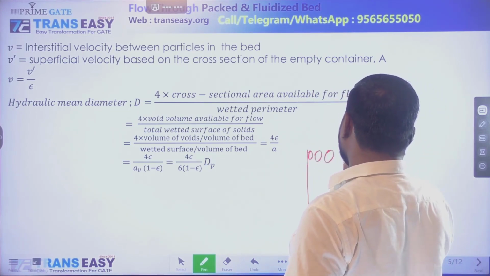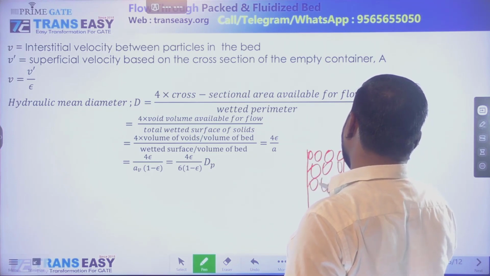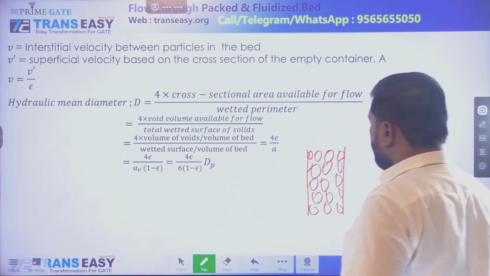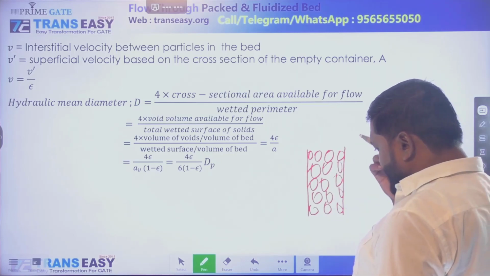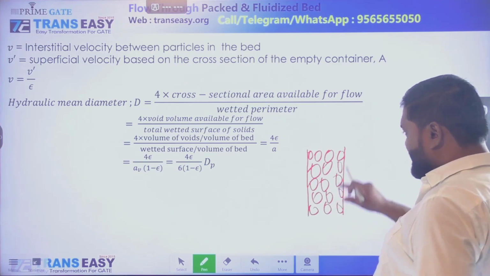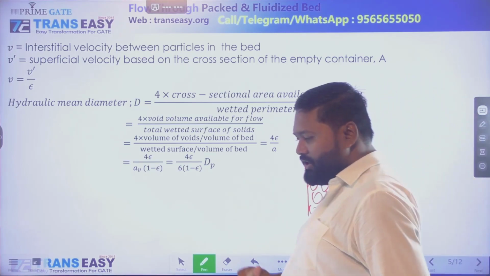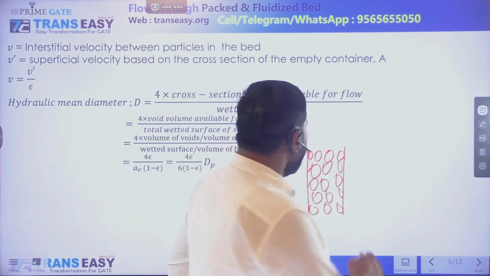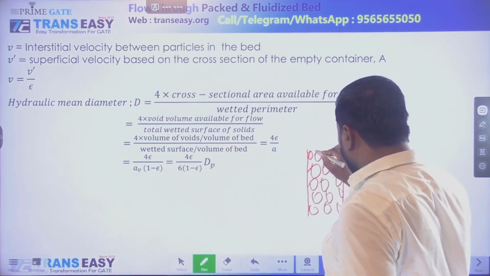So the flow area is less in this condition. Fluid is flowing through interconnecting voids, right? So flow is taking place through this.